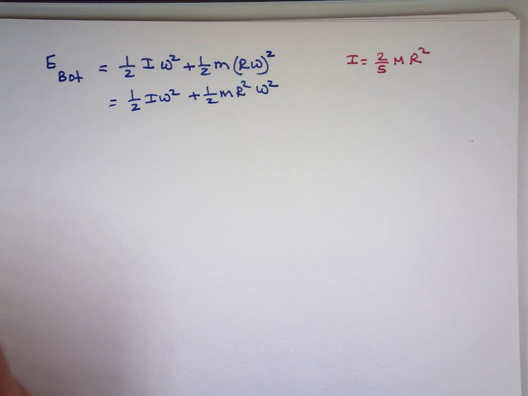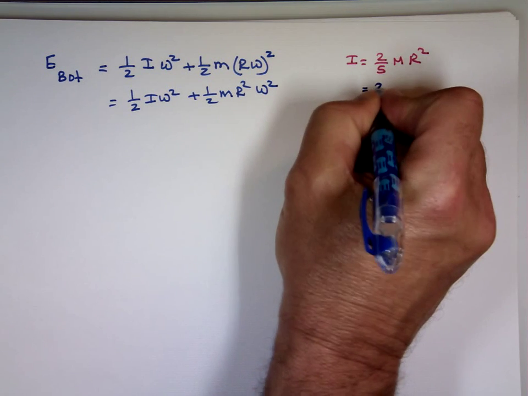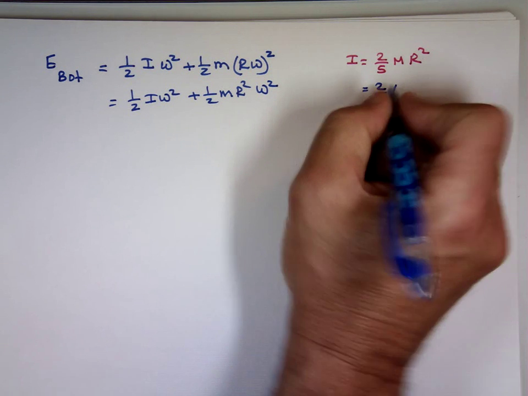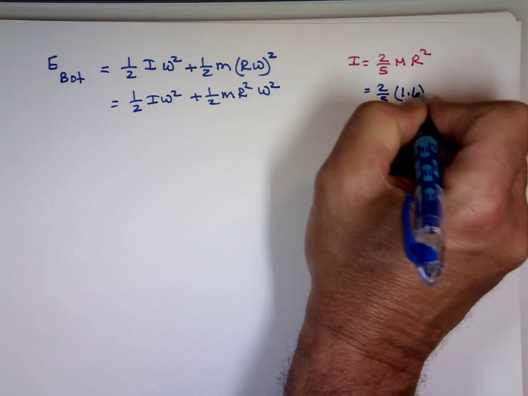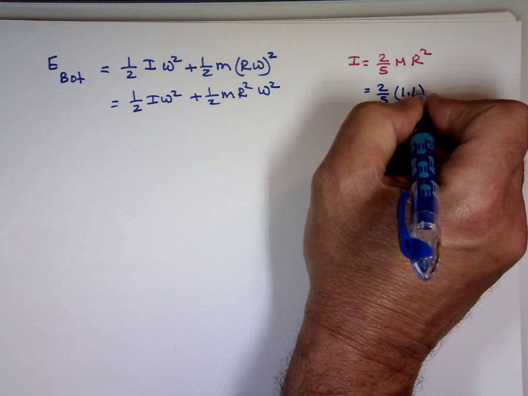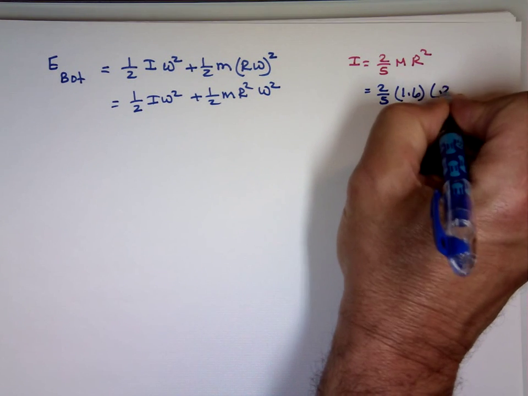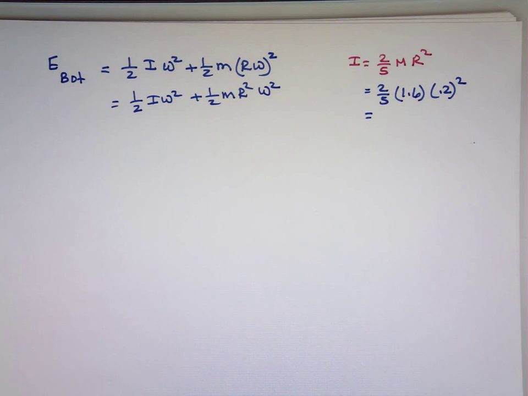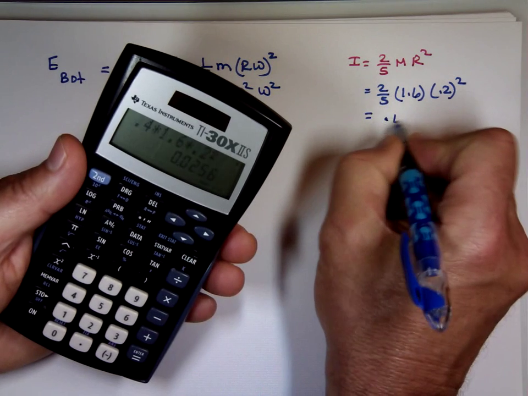2/5. The mass, what's the mass? 1.6. And what was R? 0.2 meters? 0.0256.